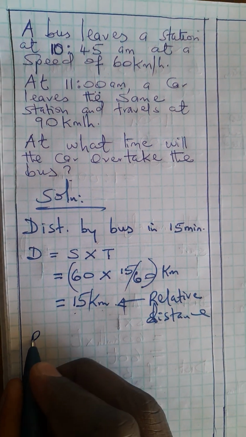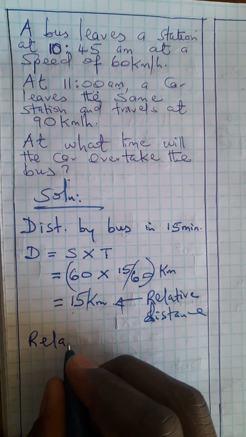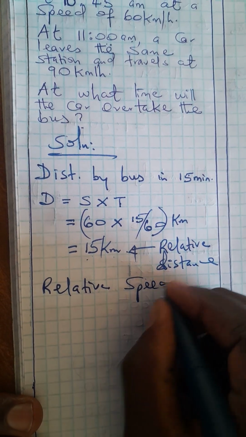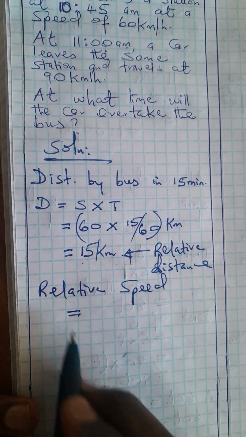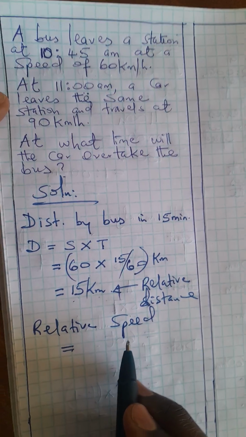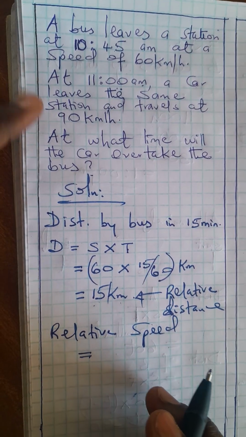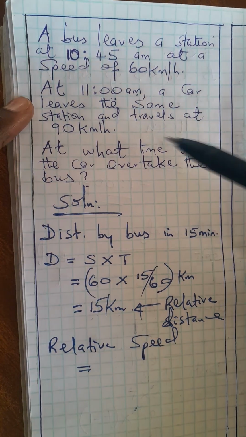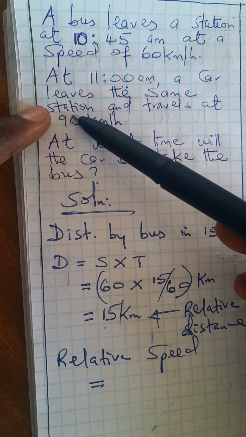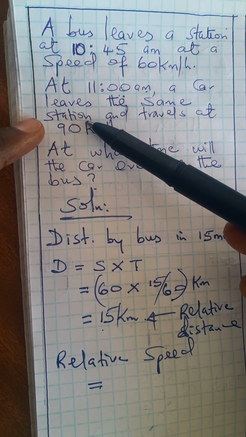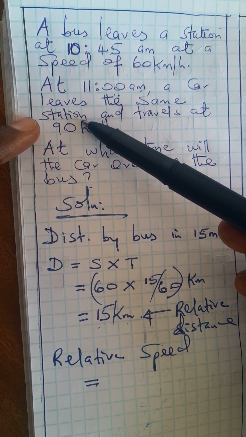So we also find what we call relative speed. For us to find this, we establish whether the two vehicles are moving in the same direction or opposite directions. We are told that they move from the same station, so they are moving in the same direction.